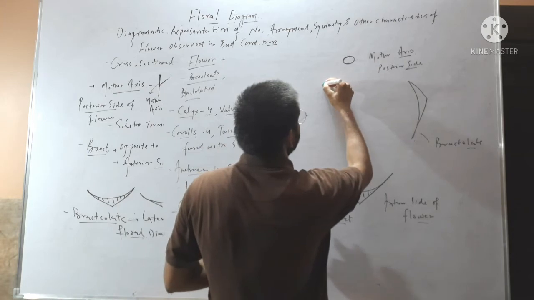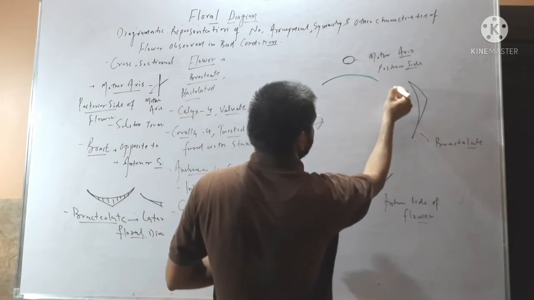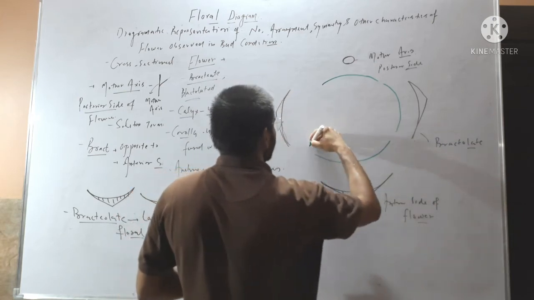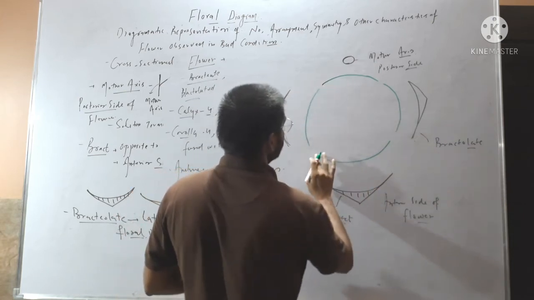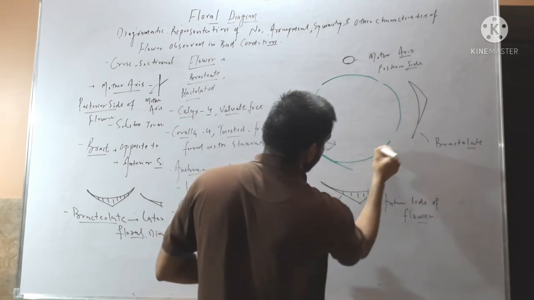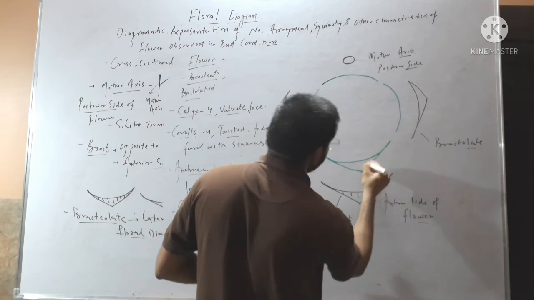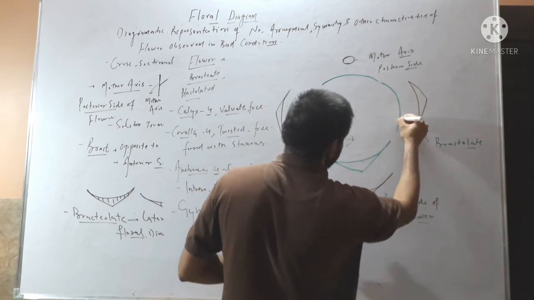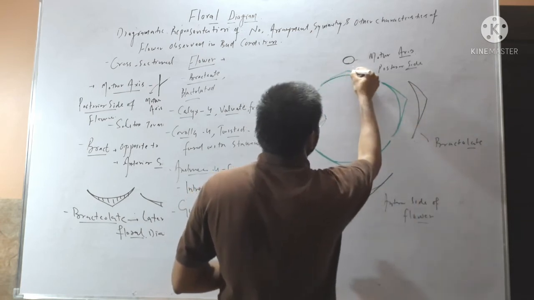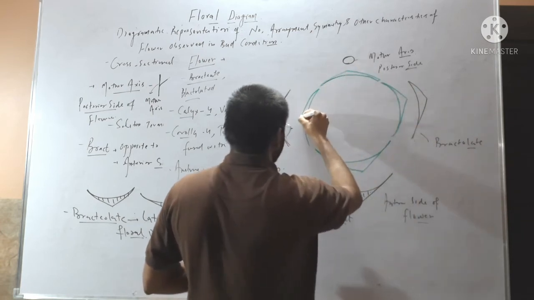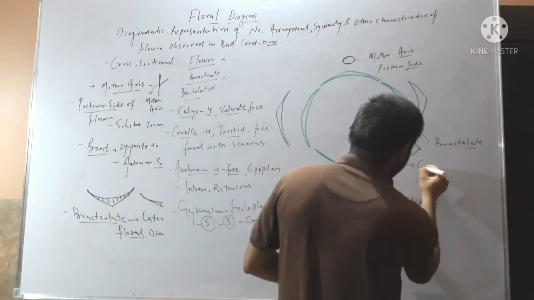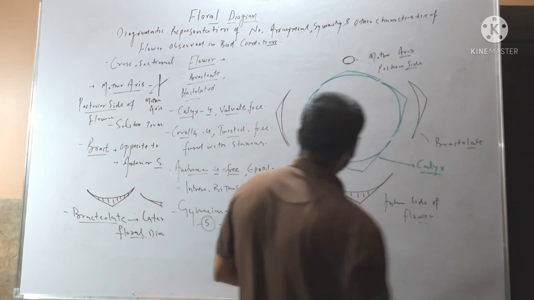If valvate estivation is there, that means they are present close to each other but not overlapping with each other, like this. And if they are not fused, then we will draw them like this. So this circle represents the calyx.